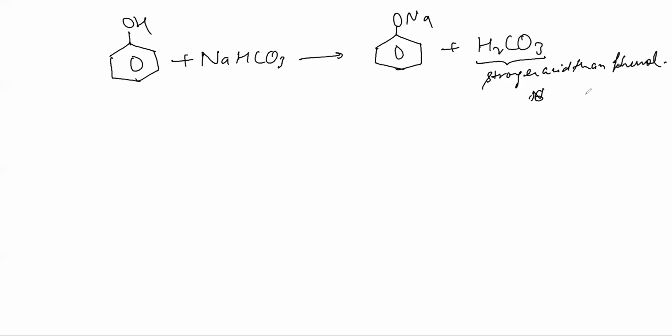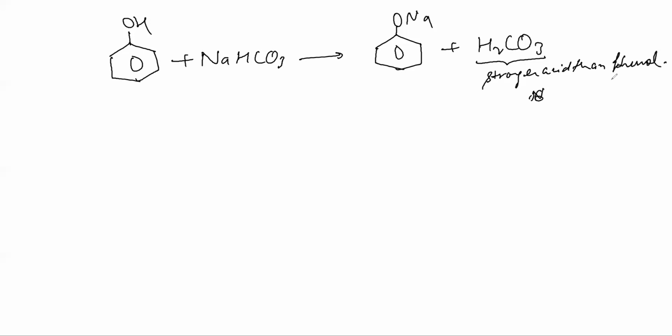I told you during GOC, if in an acid-base reaction the formed product acid is more acidic as compared to the reactant acid, the reaction will not proceed. Or if the product base is stronger than the reactant's base, then also the reaction will not proceed. Means reactant's acid and base must be stronger than product's acid and base.